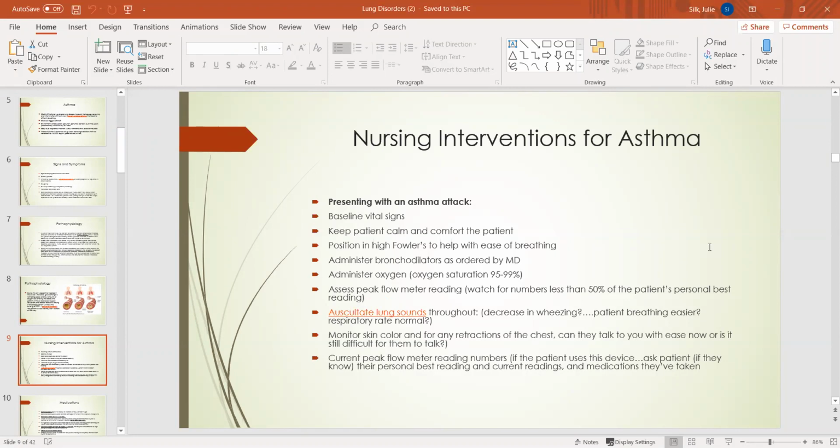Okay, so we talked about how there's certain triggers that can set you off into an attack. So if we wanted to prevent an asthma attack, there's certain things that we could possibly do. As far as prevention goes, if you have a family member with asthma, you need to keep your house very clean.